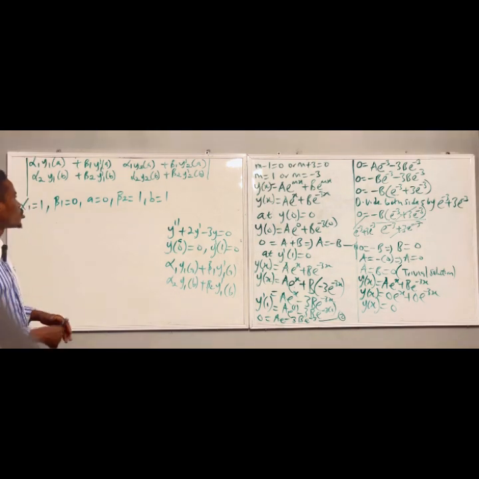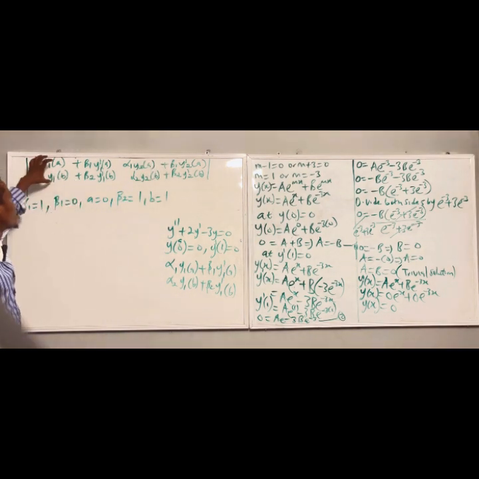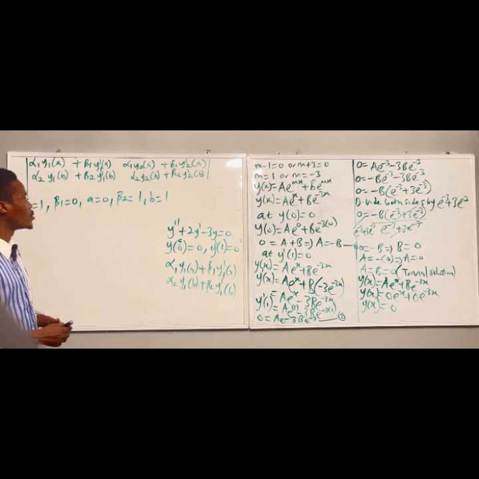So now we will substitute all this into the determinant. We have alpha 1 as 1, beta 1 as 0, a as 0, beta 2 as 1, and b as 1.